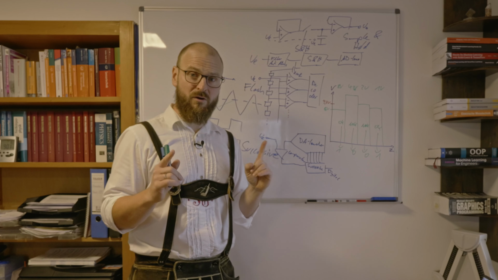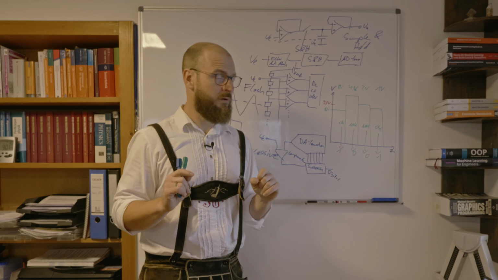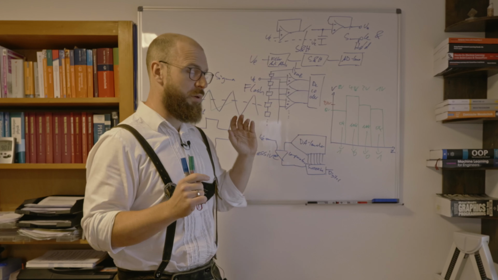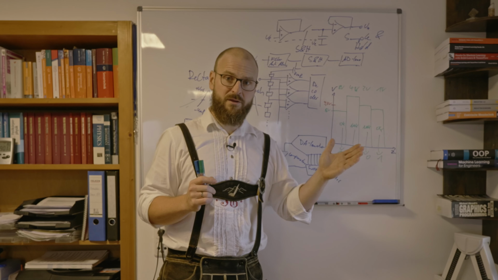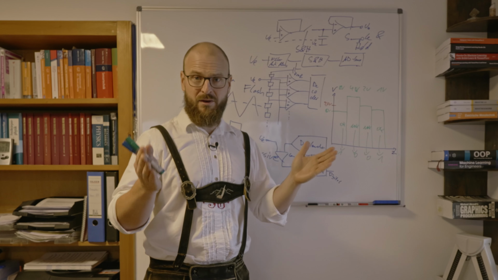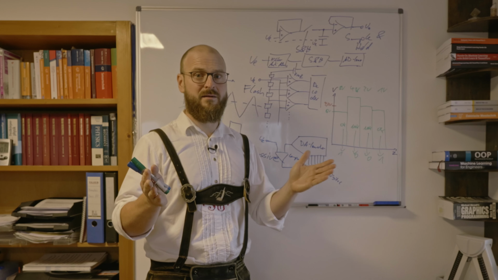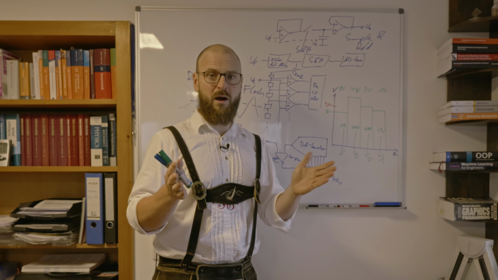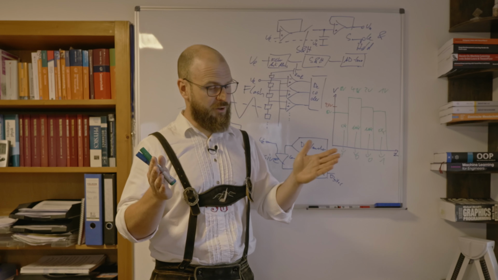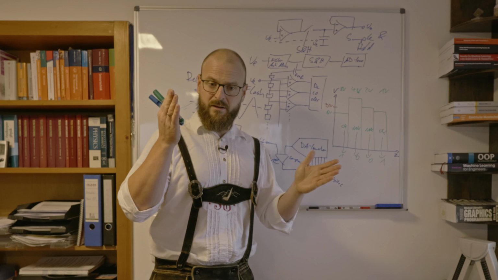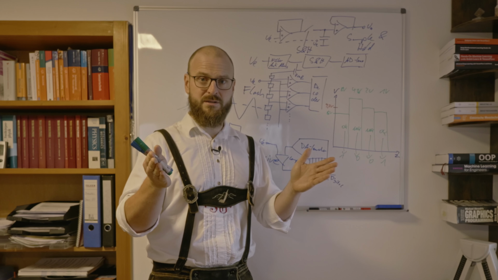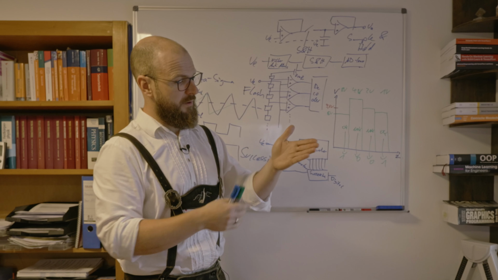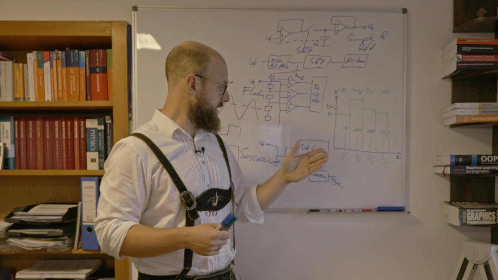Think about AD conversion now simply as the comparison of a reference voltage to the unknown voltage, and by that getting to know the digital number equaling that unknown voltage, because we know the digital number of that reference voltage. That's the main idea.